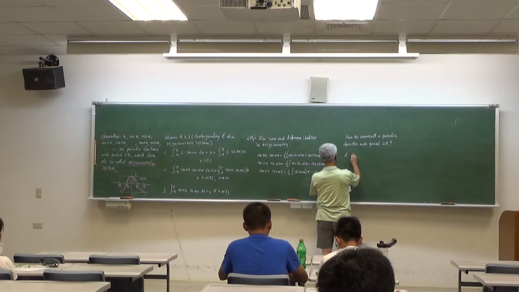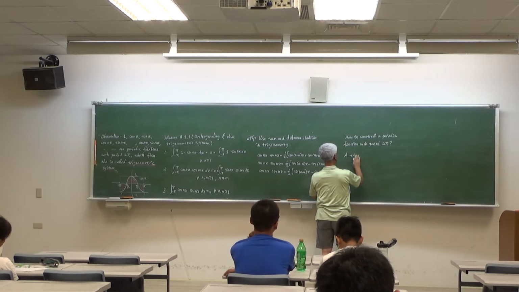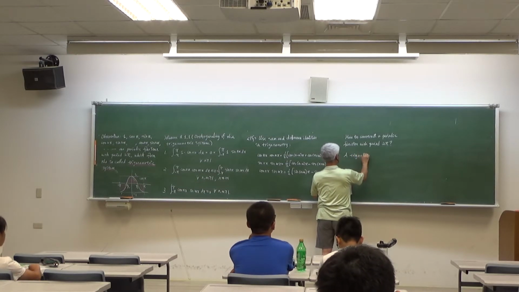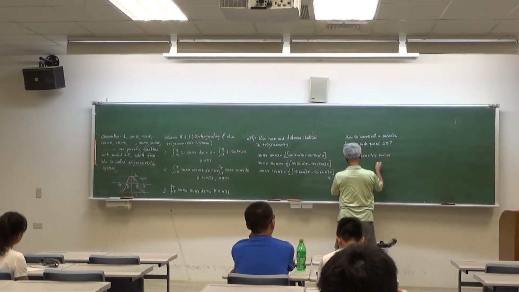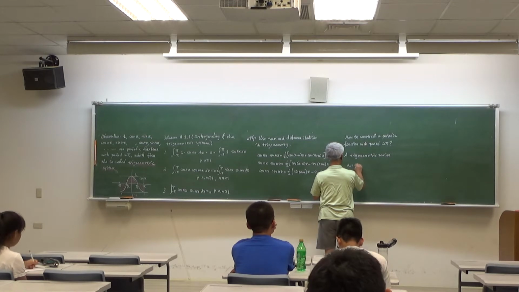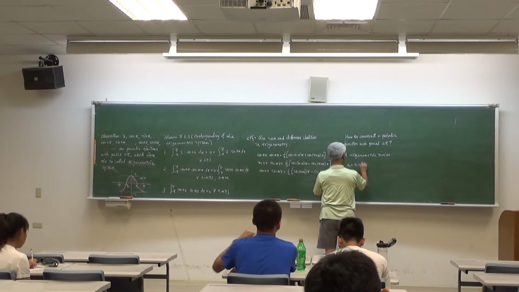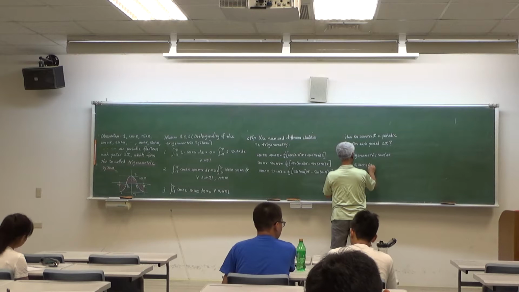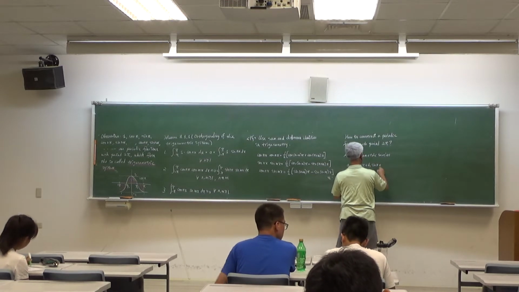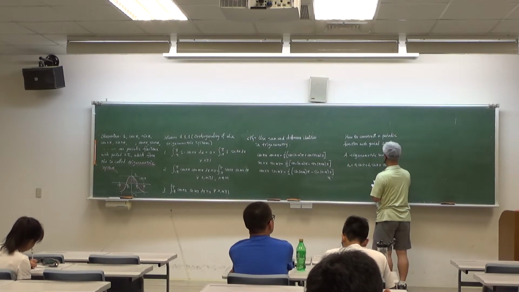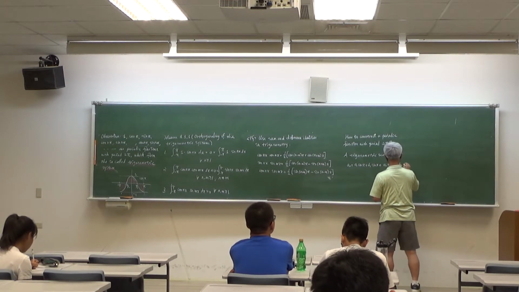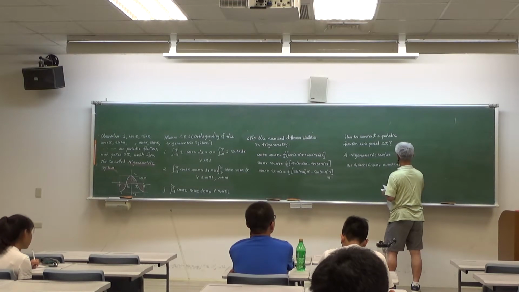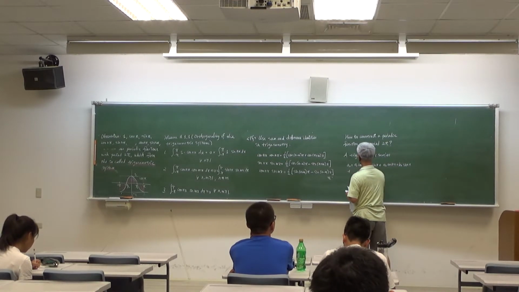So the partial answer is that a trigonometric series A0 plus A1 cosine x plus B1 sin x plus A2 cosine 2x plus B2 sin 2x plus and so on plus An cos nx plus Bn sin nx.